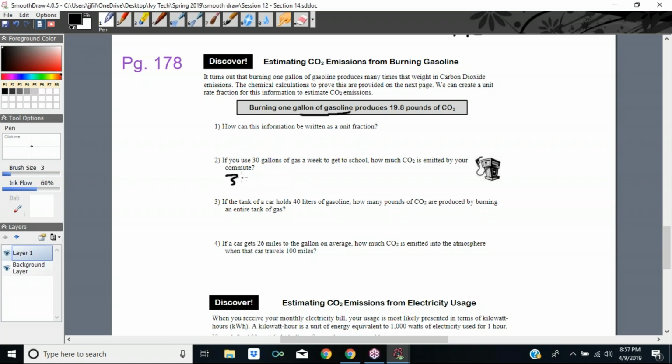We use 30 gallons of gasoline for 1 week. And we want to know how much CO2 is emitted. So we're just going to multiply that by 19.8 pounds of CO2, carbon dioxide, per gallon, because that's what this conversion is. And so we're just going to take 30 times 19.8.